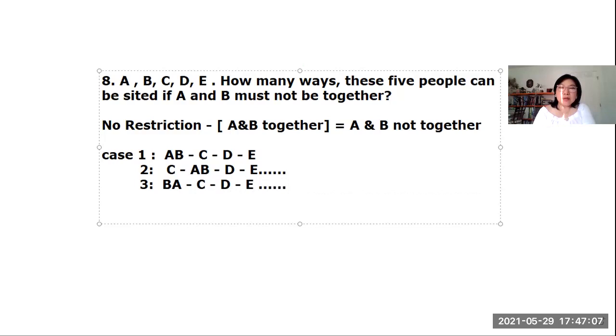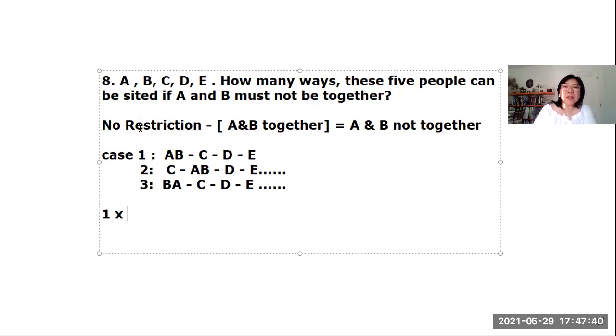If you count A and B together as one choice, then you still have to arrange them, because the order is important.